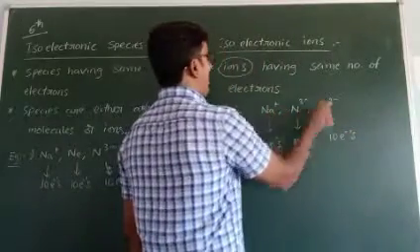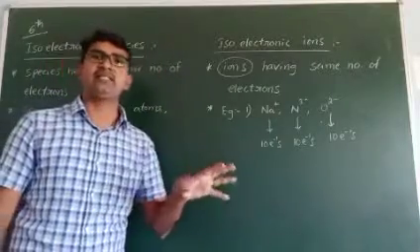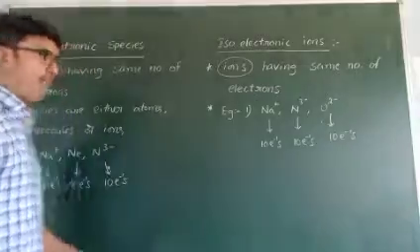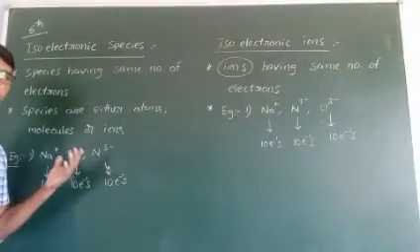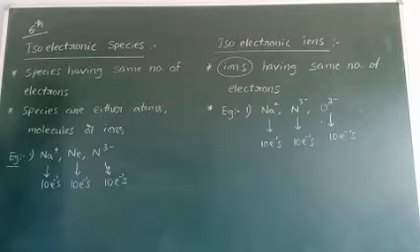Here these three are only ions. So if ions contain the same number of electrons, those are called isoelectronic ions. But if a neutral atom or molecule is present along with ions, those are called isoelectronic species.